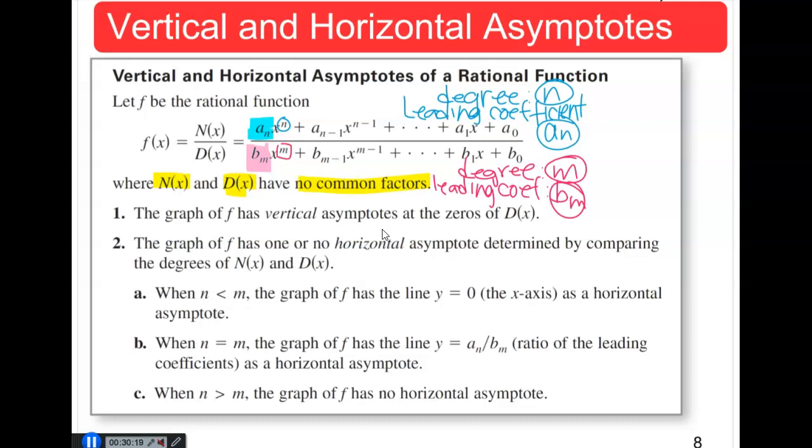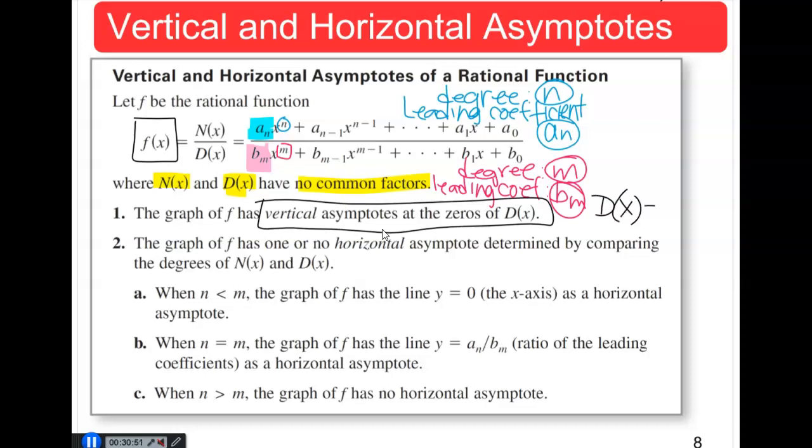And so number one says the graph of f, which is the rational function, has vertical asymptotes at the zeros of d of x. Remember how we calculate the domain, where whatever's in the denominator cannot equal 0? Well, with vertical asymptotes, we take the denominator and set it equal to 0.